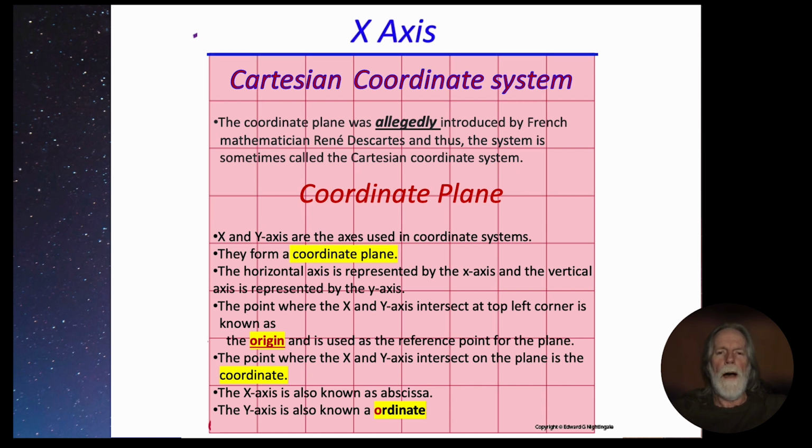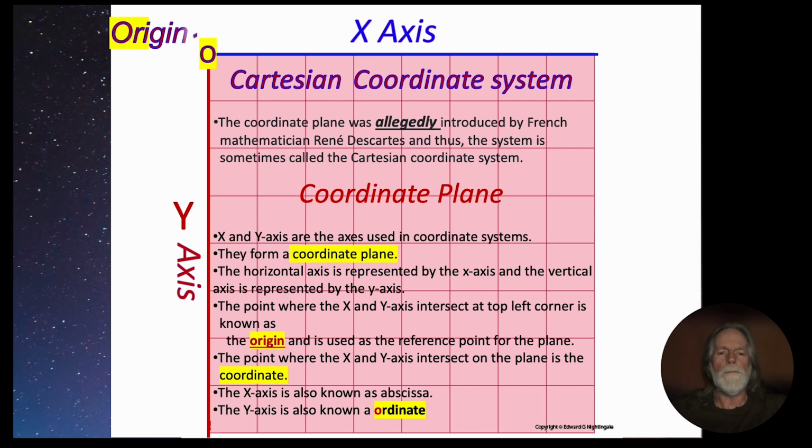The horizontal axis is represented by the x-axis, and the vertical axis is represented by the y-axis. The point where the two x and y axes intersect at the top left corner is known as the origin, and it is used as a reference point for the plane. The point where the x and y axes intersect on the plane is the coordinate.